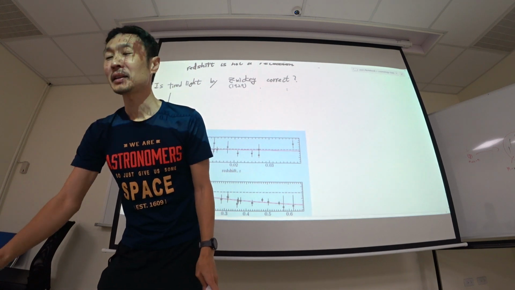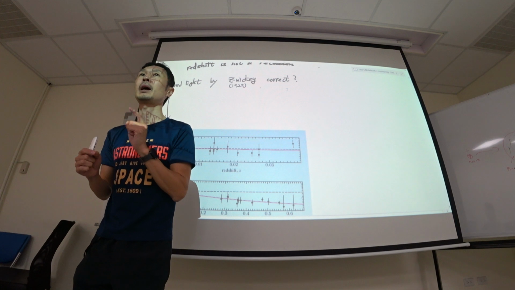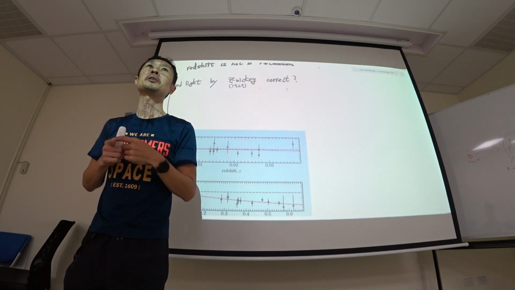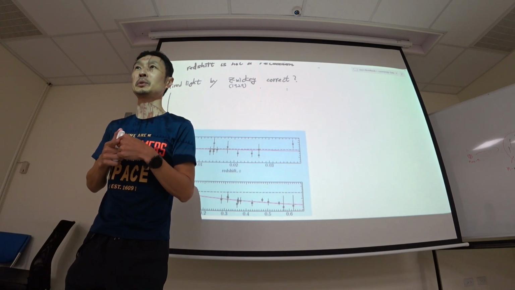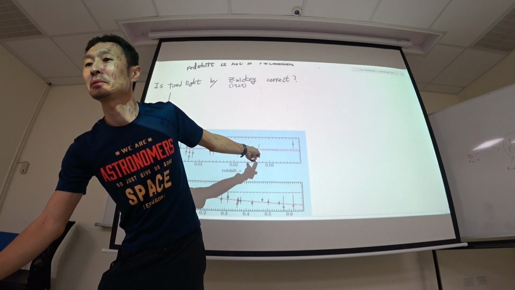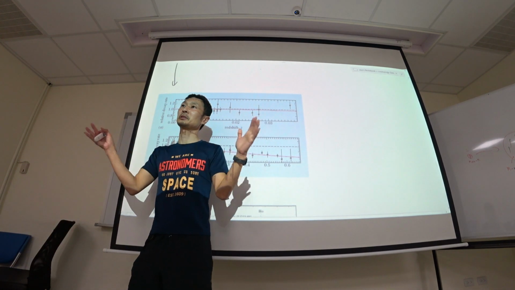But if the light just gets tired and becomes redder when traveling very long distances, it doesn't cause time dilation, right? Time dilation is only caused by the expansion of the universe.